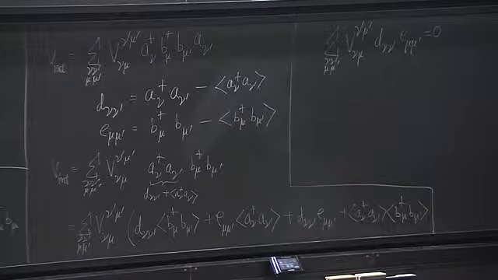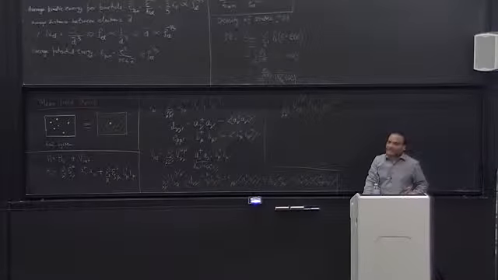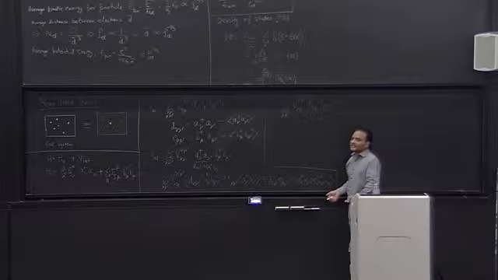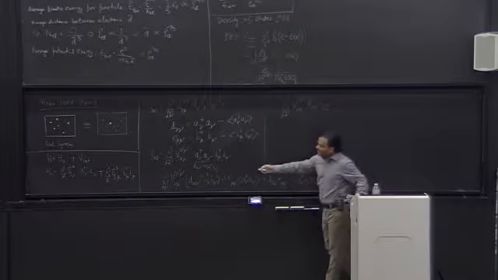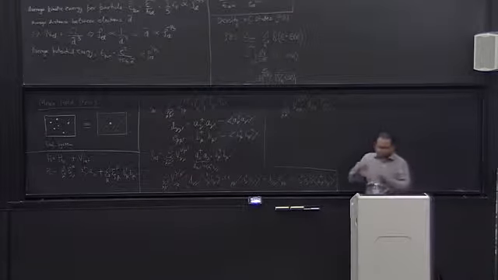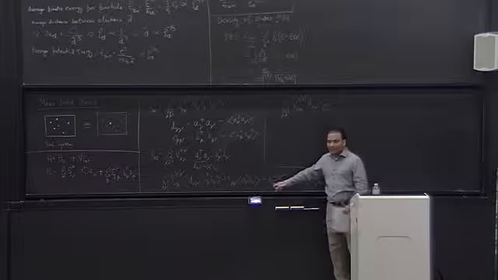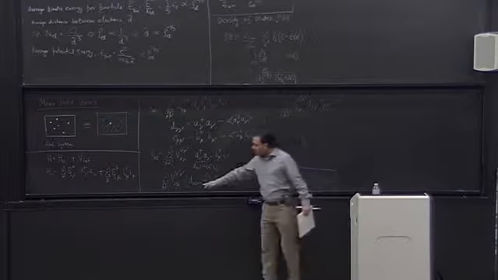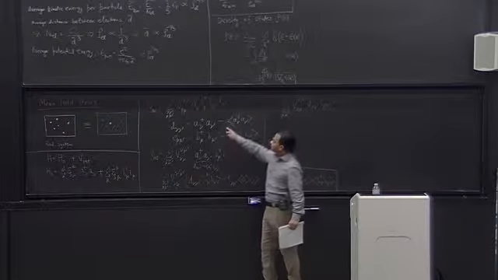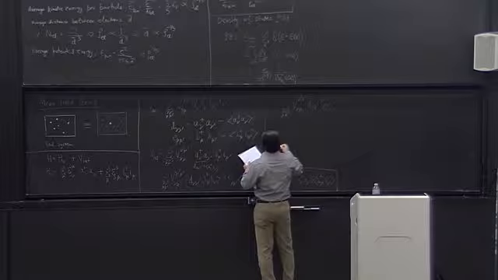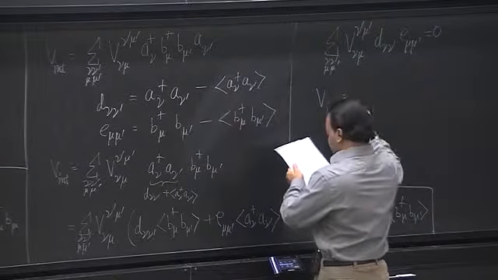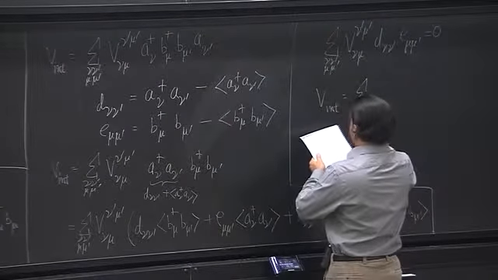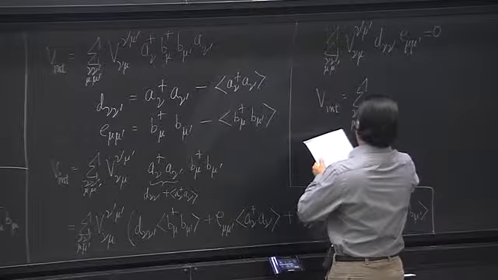Now, sometimes there are physical arguments that you can make, that you expect this term to be small, but this is not usually the case. So this is really the approximation, and with this approximation, you can ignore this term, and in the remaining terms, put the D and E operators in terms of A and B again, and what you will get is the interaction potential is the sum over nu prime, mu prime.